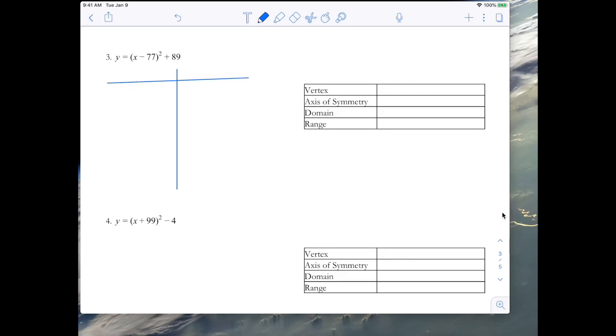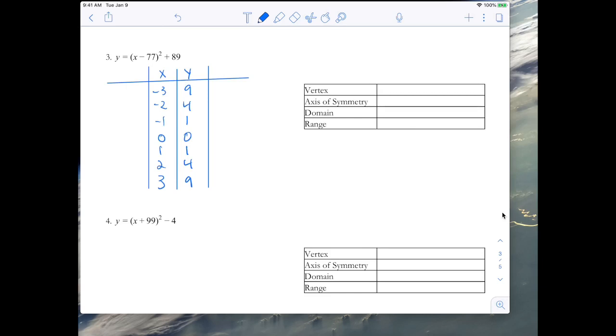I'd like to create a table with 4 columns, and start with -3 in my x: -3, -2, -1, 0, 1, 2, 3. Most other teachers just start at -2, and that's fine as well.